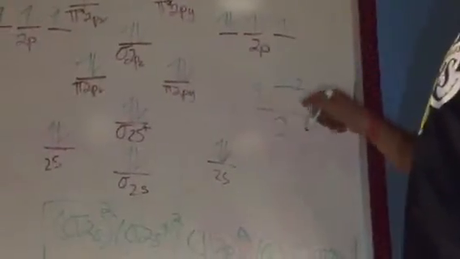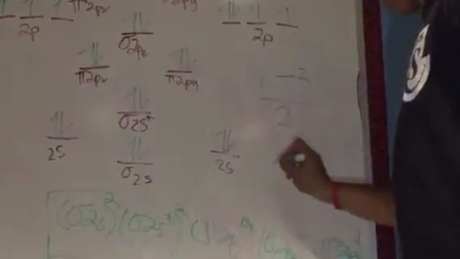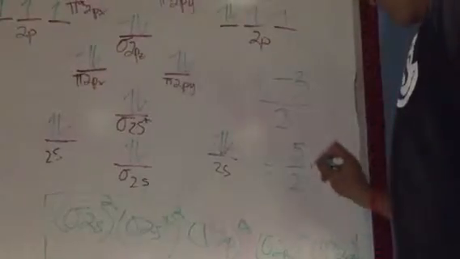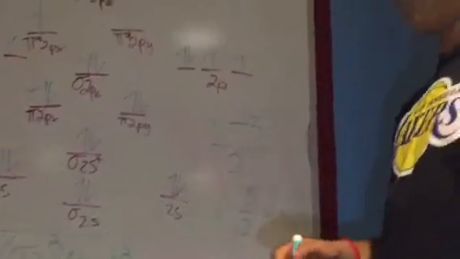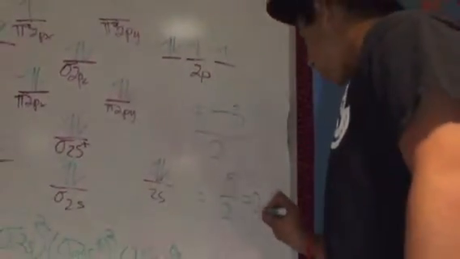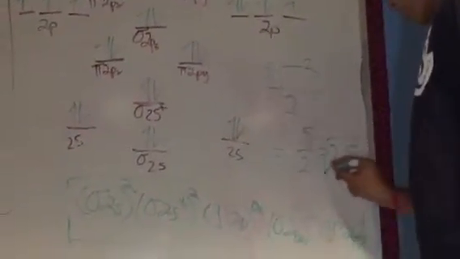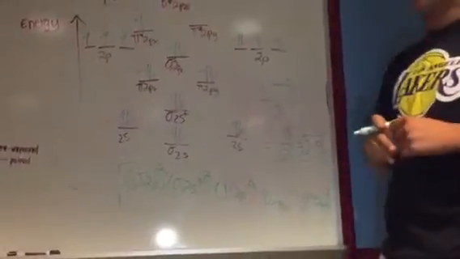So now when we do 8 minus 3, we're going to get a 5 here. And again, we're going to be dividing by 2. 5 divided by 2 is 2.5. And that is the bond order for this particular molecular diagram.